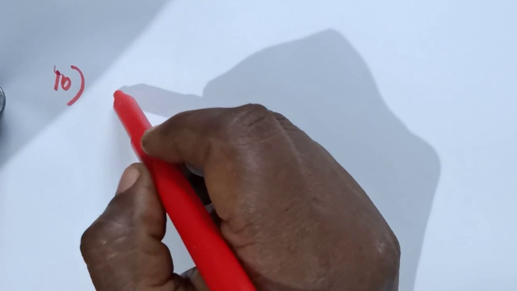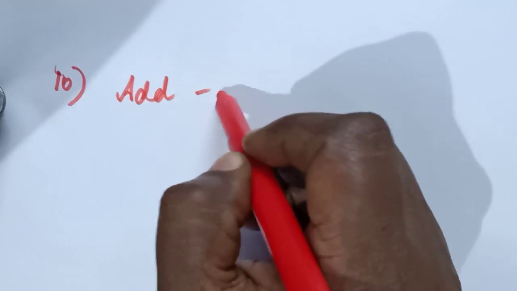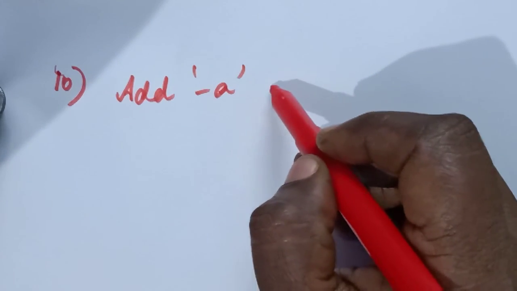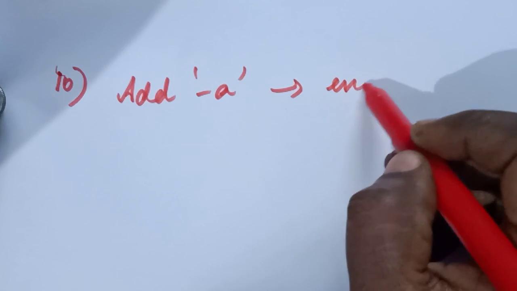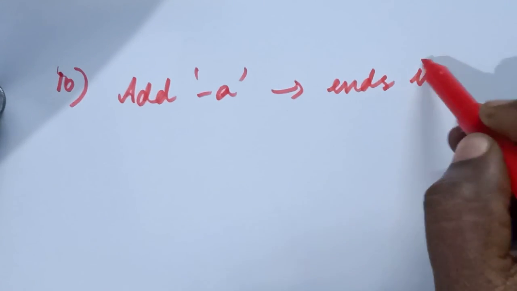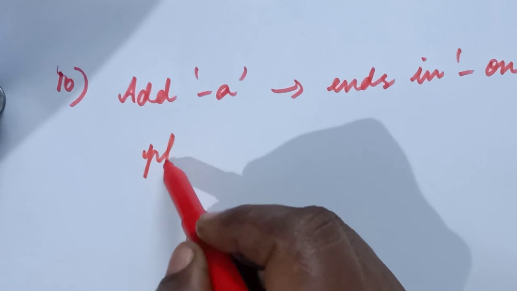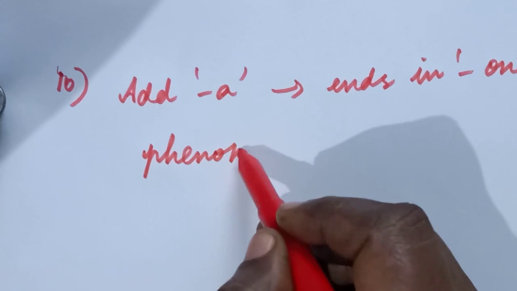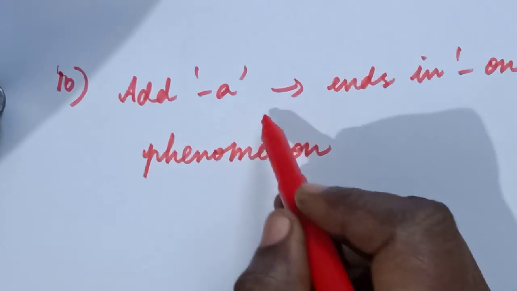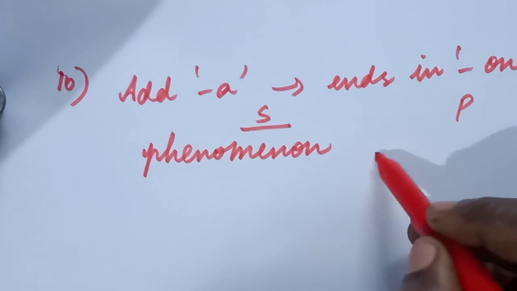Rule number 10 is add A if the noun ends with ON. What is this? For example, phenomenon. Phenomenon is singular. So how are you going to write it?